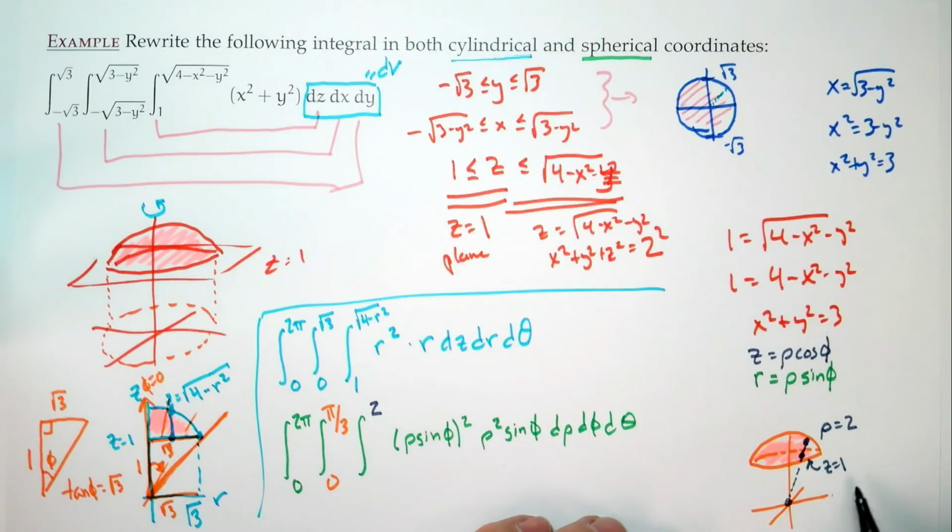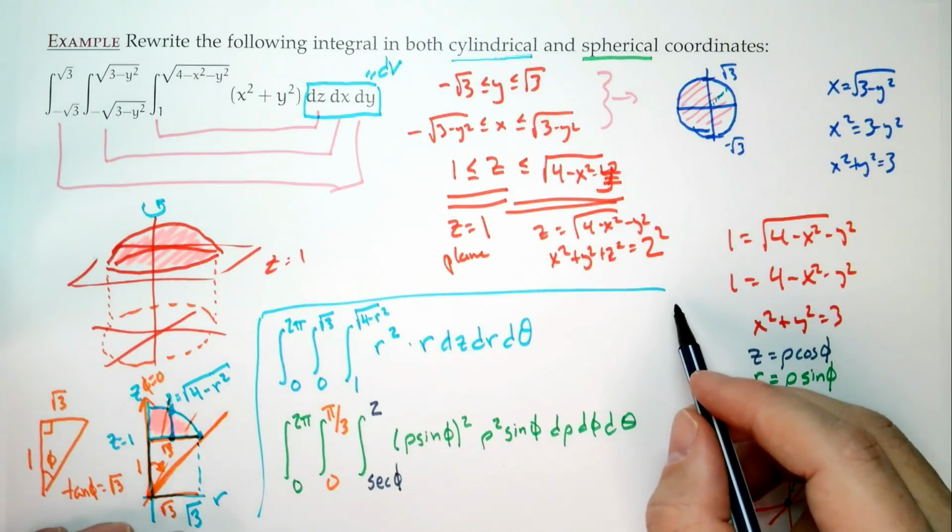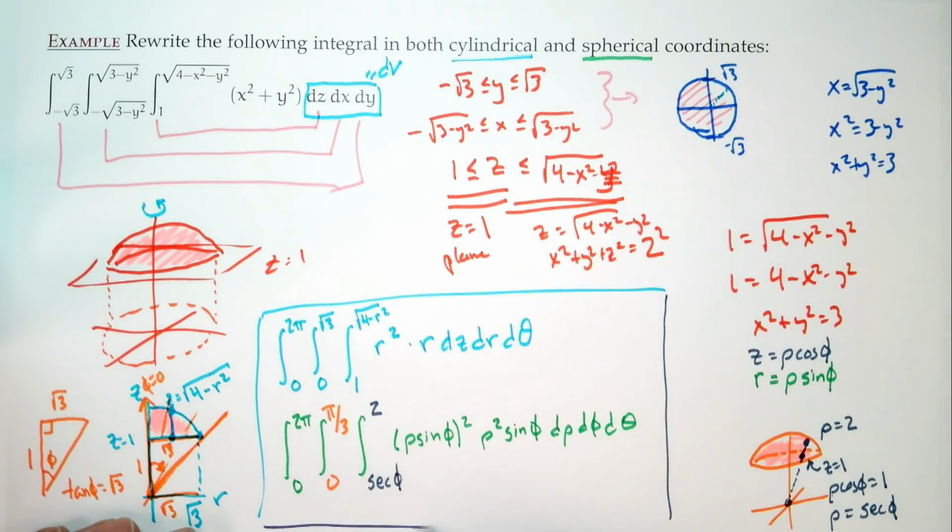So if we have z equals 1, rho cosine phi equals 1, divide both sides by cosine phi, 1 over cosine becomes secant. So that's where we start. So we go from secant of phi out to 2. And that's the integral in spherical coordinates. So cylindrical and spherical, and we're done, because that's all we had to do, was we just had to rewrite them in the new coordinate systems.